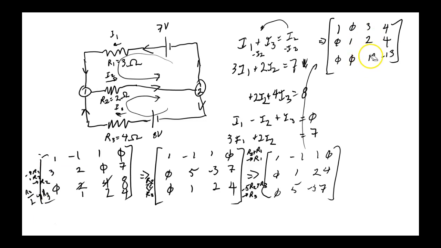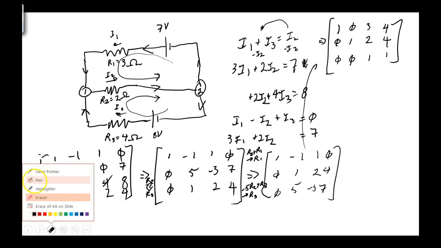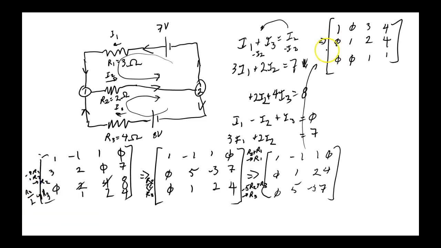Divide by -13, that becomes a 1. Divide by -13, that becomes a 1. Okay? That was really nasty of me, wasn't it? You probably can't do this. So it's basically row 3 divided by -13 is a new row 3. And we've already done that. All right. Now what do we want to happen?